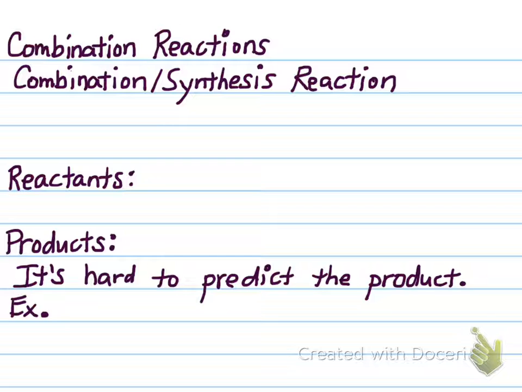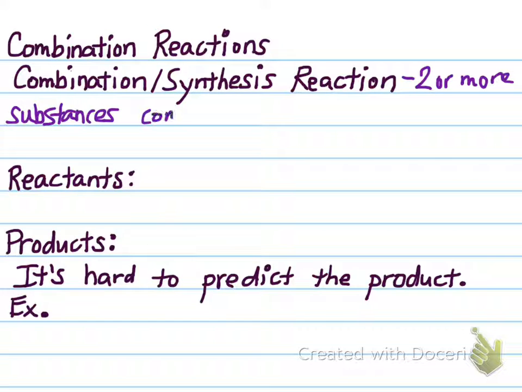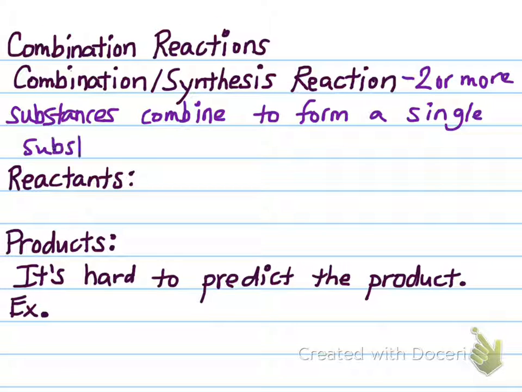The definition of a combination or synthesis reaction: 2 or more substances combine to form a single substance. So again, it's kind of what we already said, right? We said we were going to probably be making something. Notice here we have 2 or more substances that are going to combine to form just one substance.